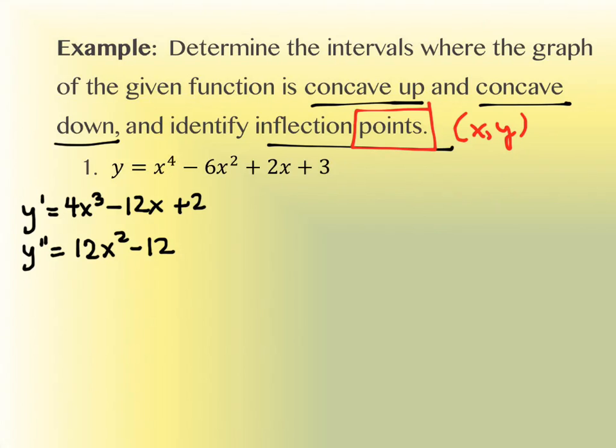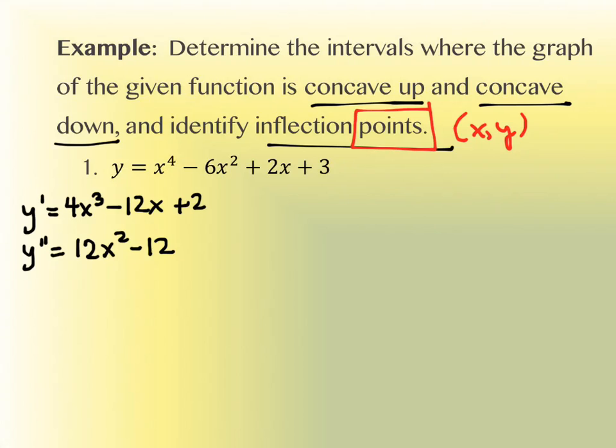Good. All right. What we're about to do now is going to feel a lot like what we did in 3-3. We're going to set this equal to 0. By setting the second derivative equal to 0, what are we actually going to be finding? What happens when the second derivative is equal to 0? Nope. First derivative equal to 0 means we might have maxes or mins.